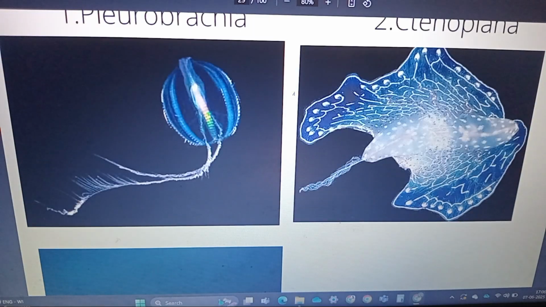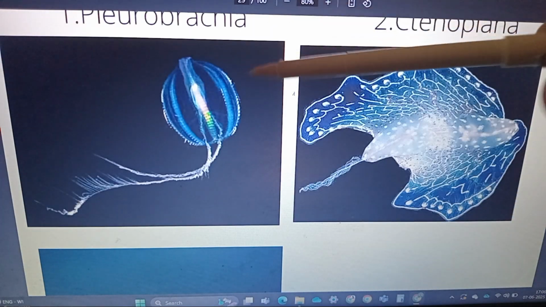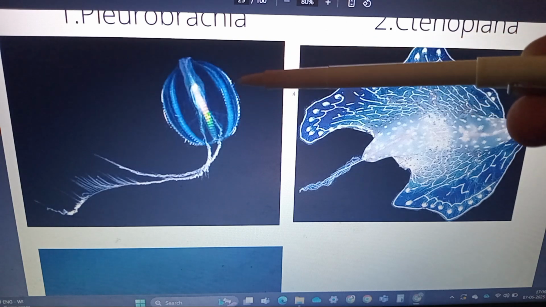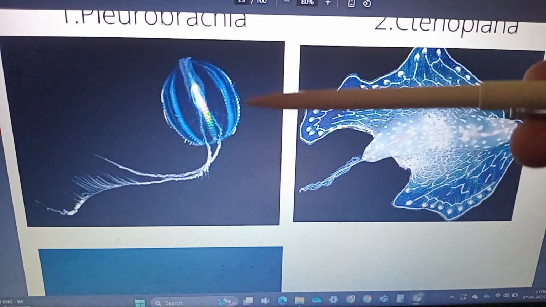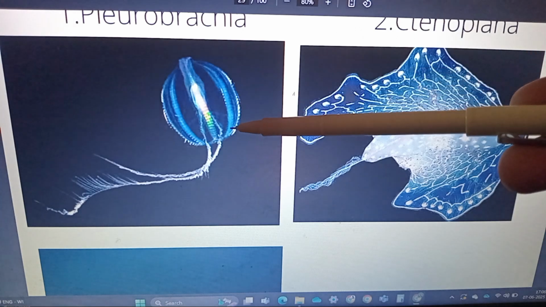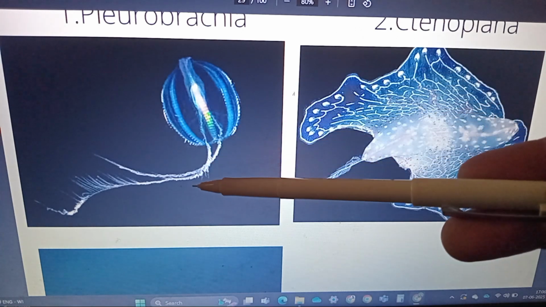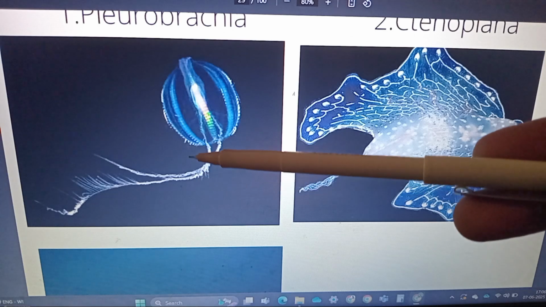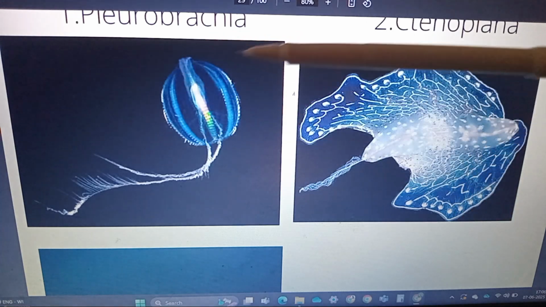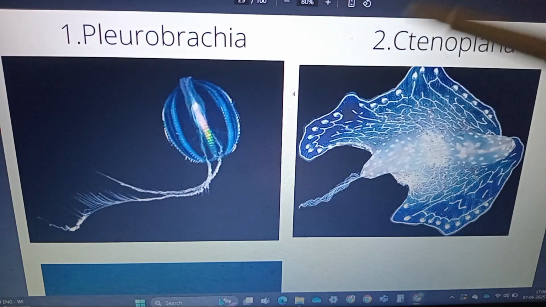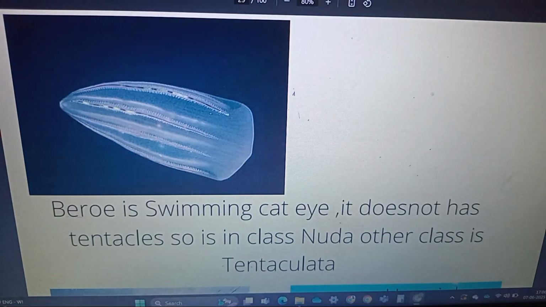They are characterized by 8 ciliated comb plates which are helpful for locomotion, and there are two tentacles. The examples in this are Pleurobrachia and Ctenoplana, which are in the phylum Ctenophora.